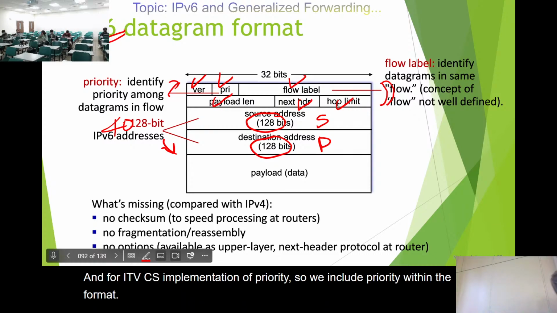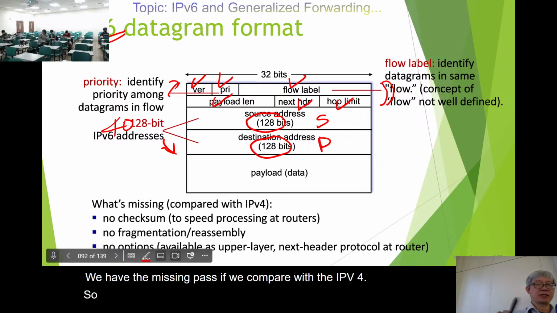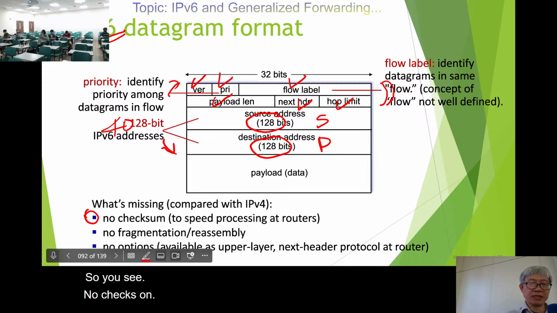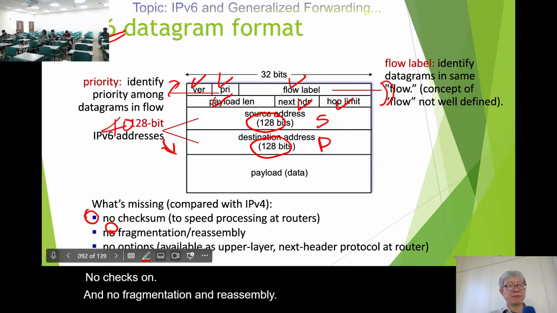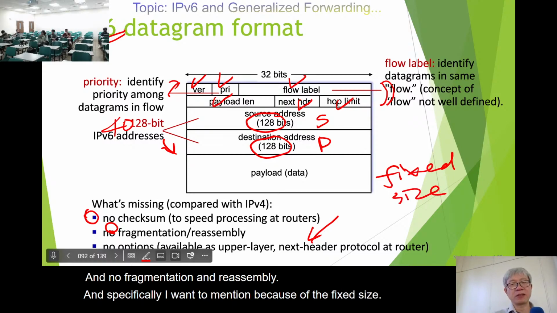Well, after that, we have the missing parts if we compare with IPv4. So you see, no checksum, and no fragmentation and reassembly. And specifically, because of the fixed size, this time we don't have options.